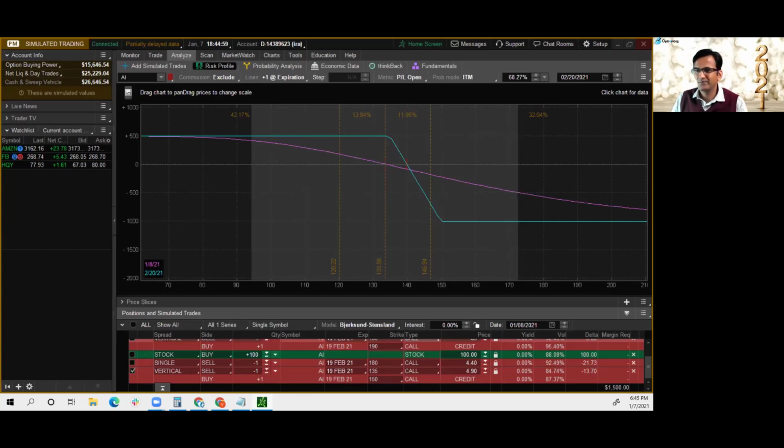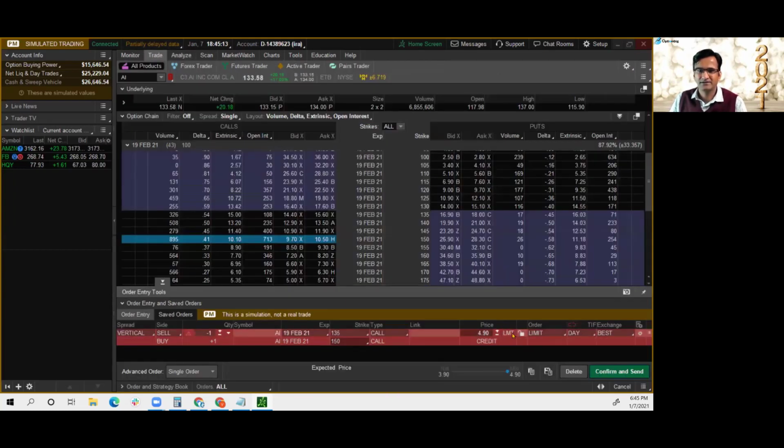And if your trading platform does not allow you to set a limit price for a spread, I would say find a new broker. So you can always set a limit price. I never do an option trade on market price.